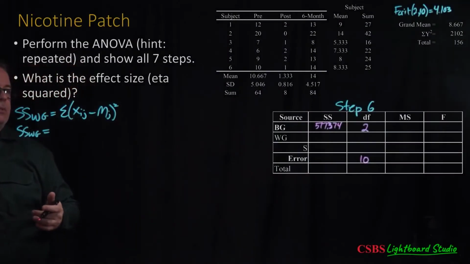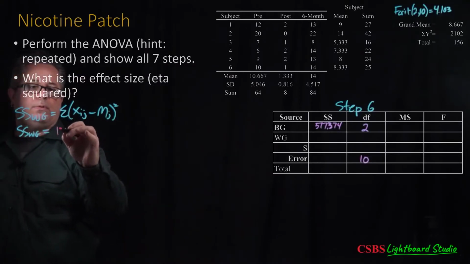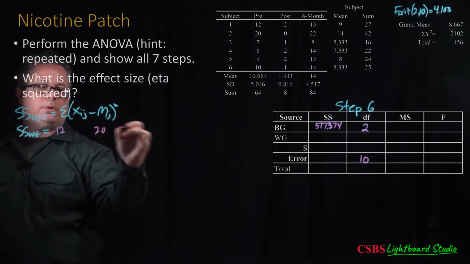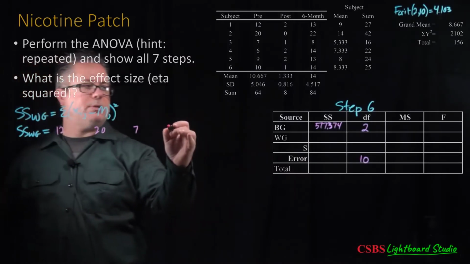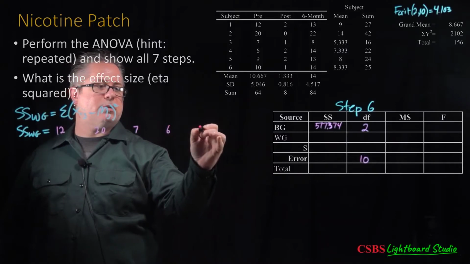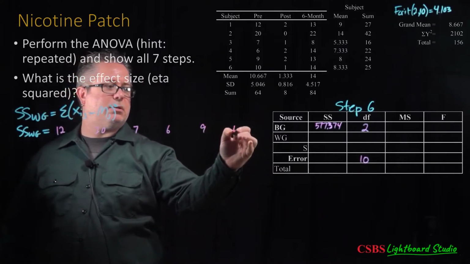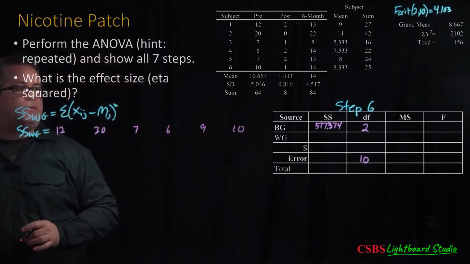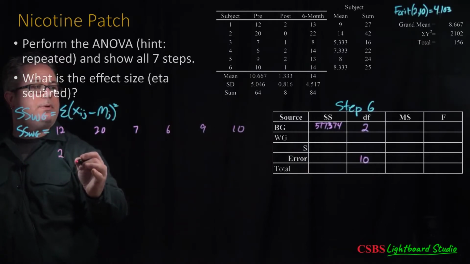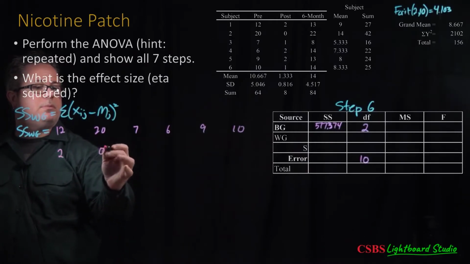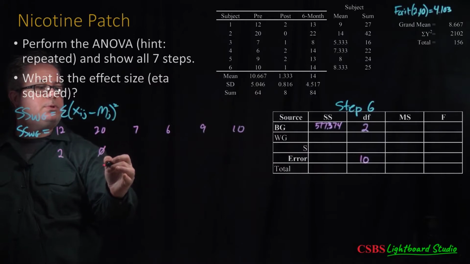So the scores are: 12, 27, 6, 9, 10, for the first group. Then for the second group: 2, 0, 1, 2, 2, 1.